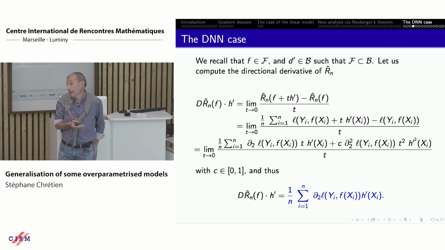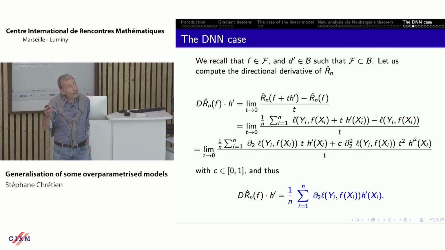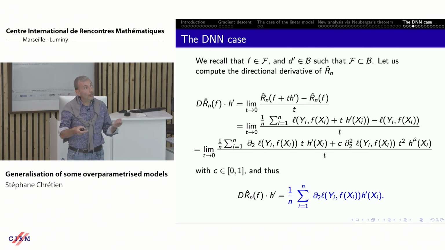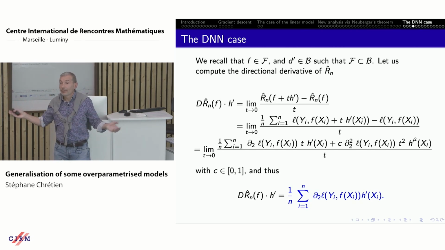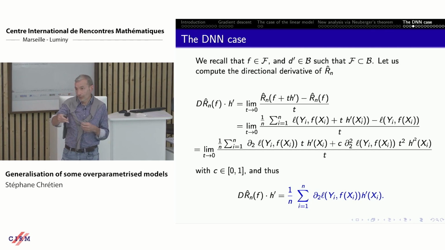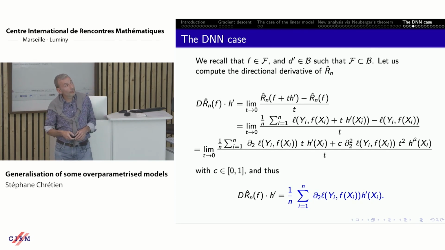It means that you linearize your problem, okay? And then, of course, since you have only a finite number of observations, you have a kernel which is infinite dimensional, and you will be able, using Neuberger's method, to find someone in that affine space that will be very close to the truth.